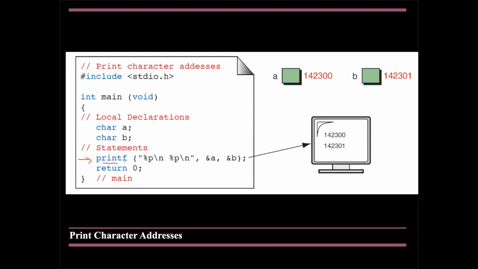We're printing these 2 addresses. Notice that this ampersand is a unary expression: address of A, address of B, respectively, one at a time with a new line at the end. Notice that the format specifier here uses %p, which represents pointers, so you have to use this to print out the addresses of A and B. This is what we're getting.